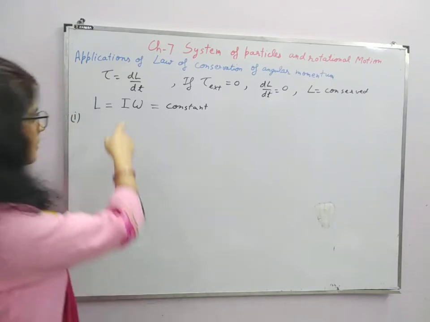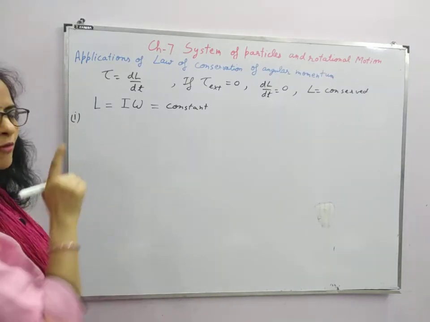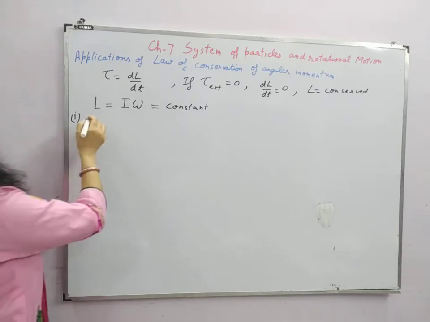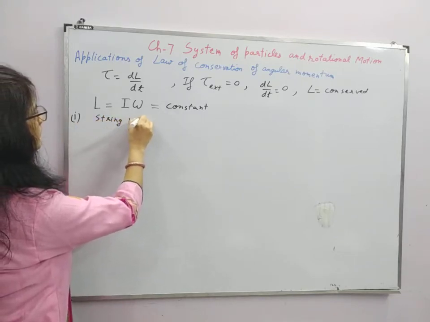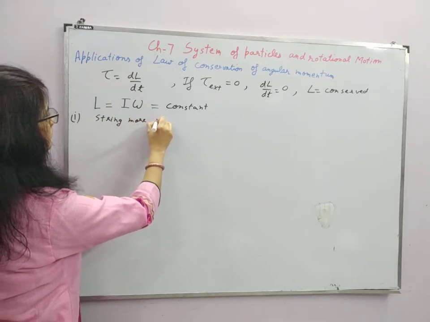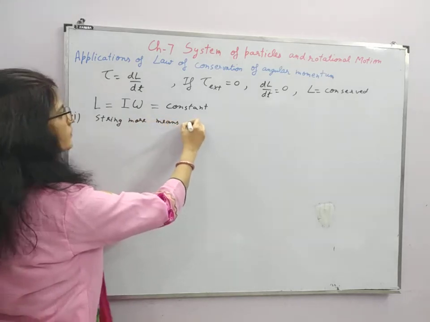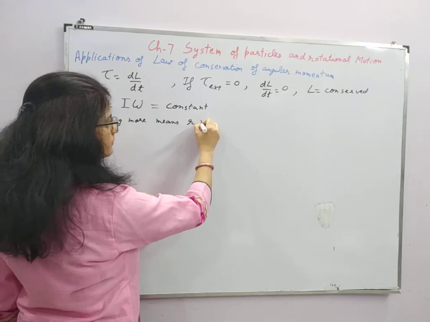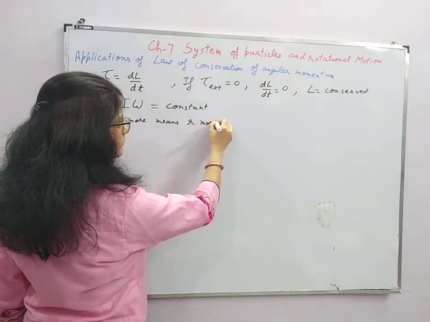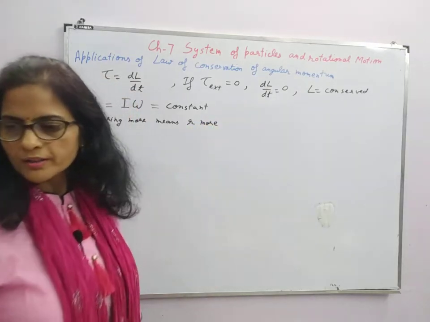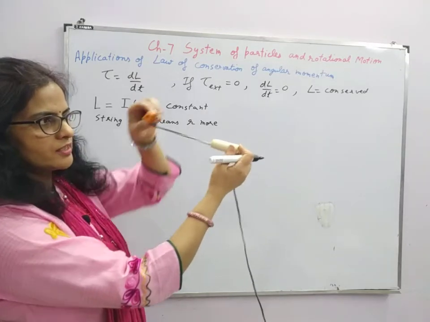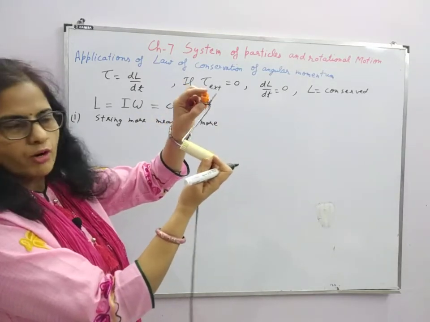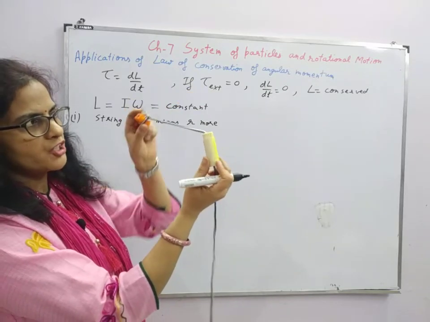Why does that happen? That happens due to the law of conservation of angular momentum. So when the string is longer, that means R is more. R of what? The radius of the circular path which this mass is following. So what will be the moment of inertia of this mass?